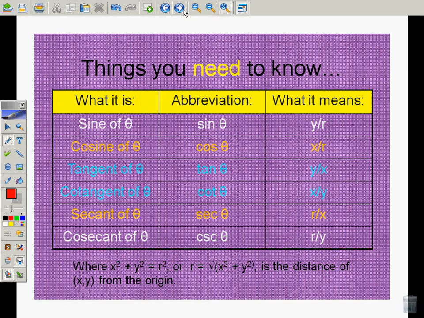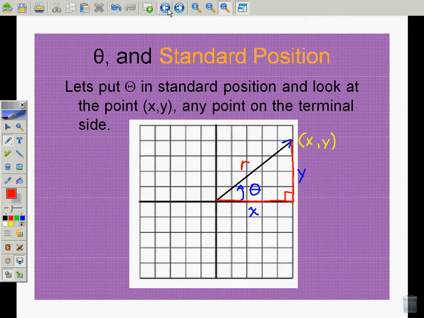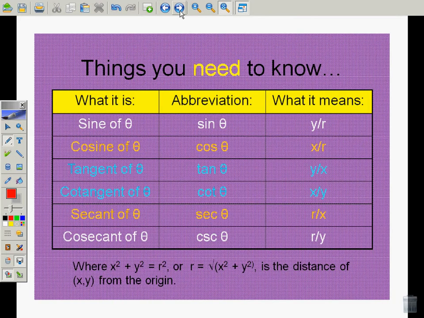Okay, we're back. Sine of theta. The abbreviation is sin, and then theta. What it means is y over r. Because as you will recall, if we look at our angle here, sine is opposite, the opposite side over the hypotenuse.